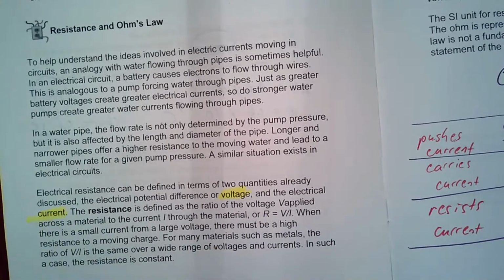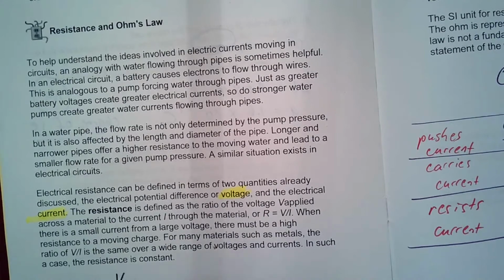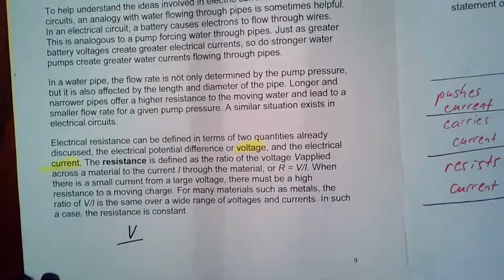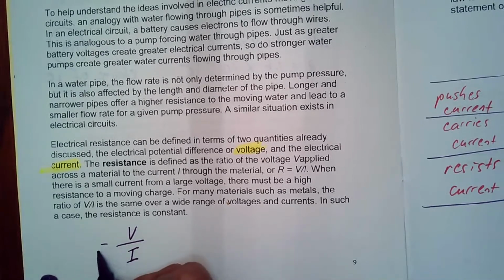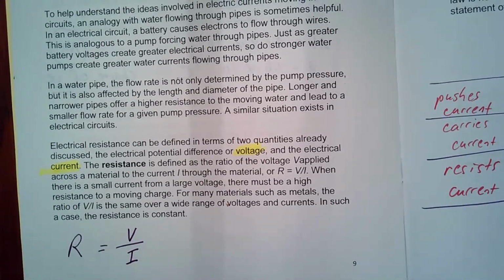So the resistance is defined as the ratio of the voltage, or the V, applied across the conductor to the current that is running within that conductor through the material itself. The ratio then is the voltage over current. So V over I, and this is the resistance.